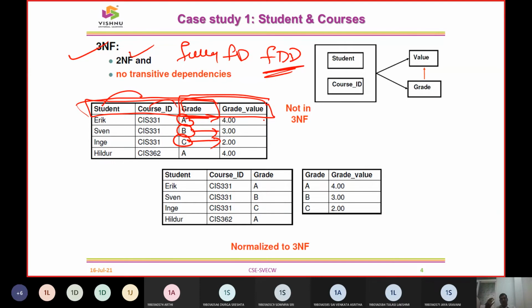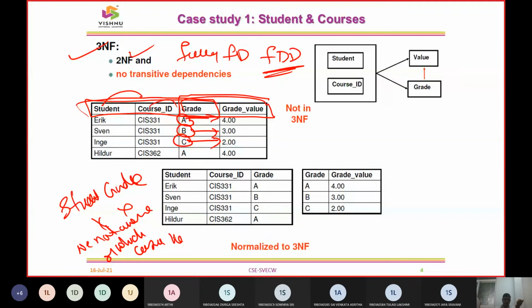Okay, let us check out of the box. What will we say about student and grade? I don't know which student has a grade for which subject, right? I can't put student and then grade. This won't be a good relation, because we are not aware of which course the student got the grade in.